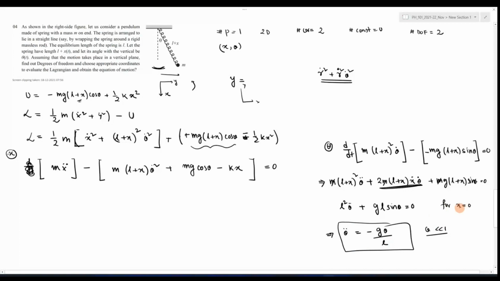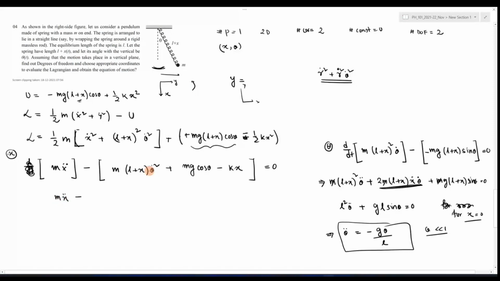Let me write for x equal to 0. Like if you do not have any play in this spring, if your spring is replaced by a string, then you will get this equation. Then if you put your theta to be constant, you play only in this direction, only along x, then your theta variables can be omitted, so which will become m x double dot.